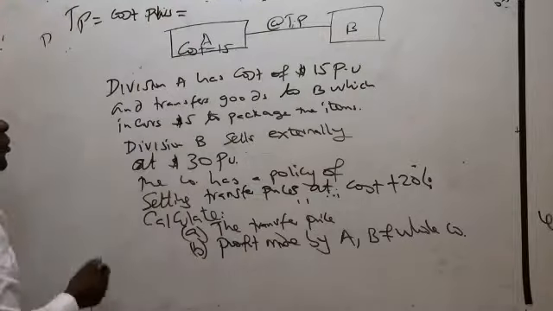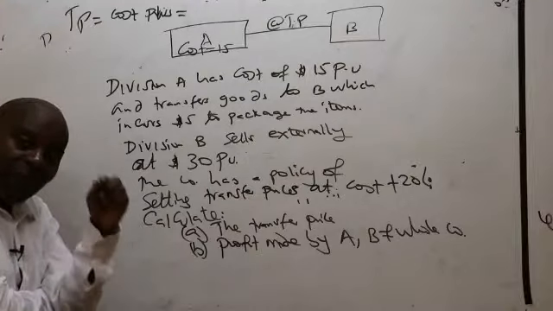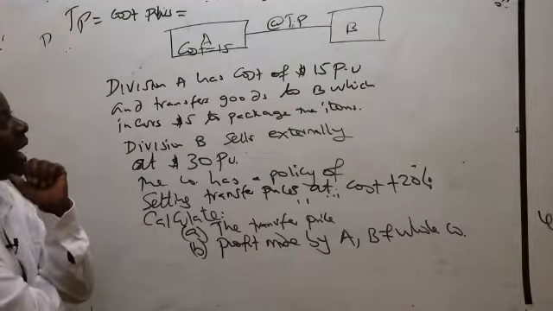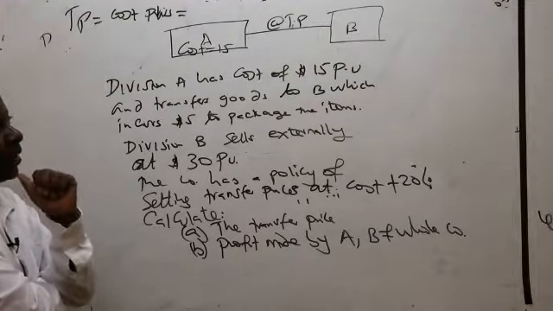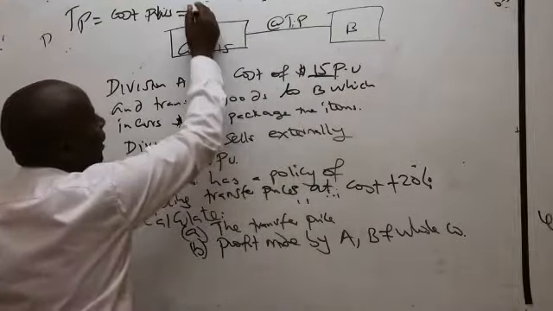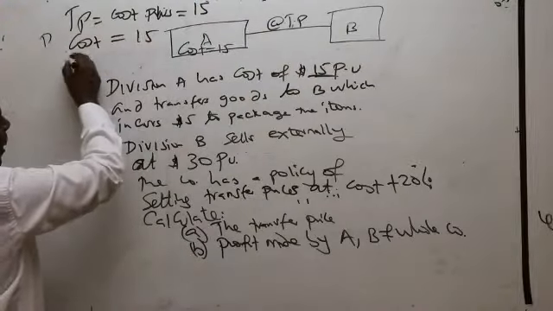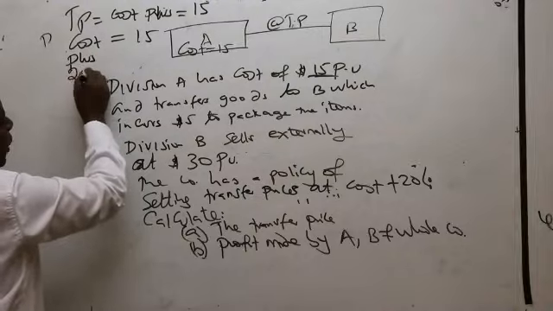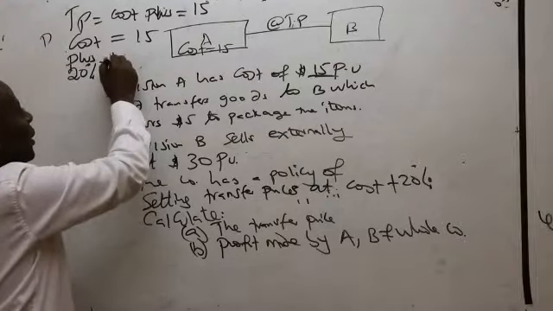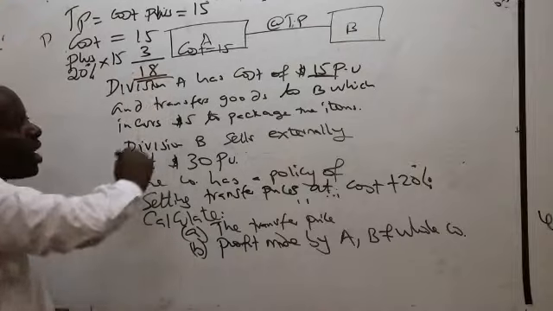Where very many students confuse: which cost should we use as the base? It is the cost of that division which manufactures, and the manufacturing division, ladies and gentlemen, is division A. So you take the cost here, which is 15, plus 20% of our cost. 20% of 15 gives us 3.